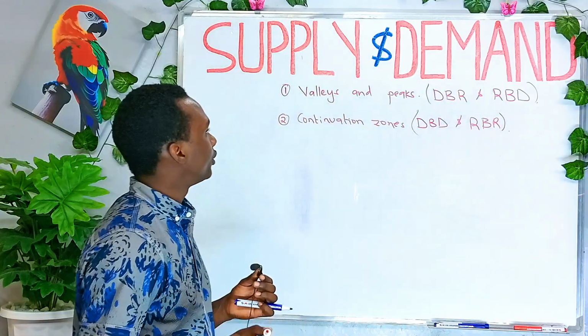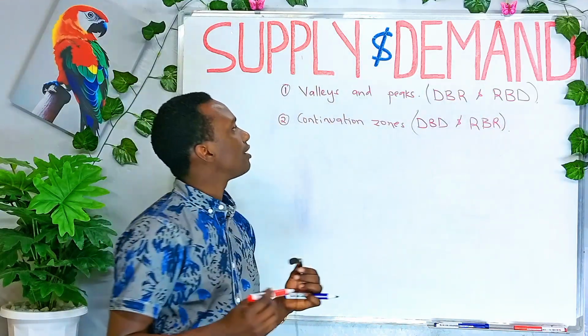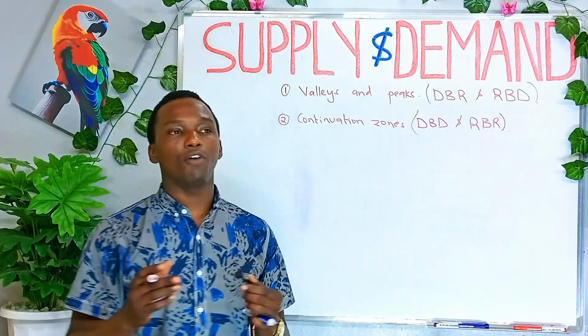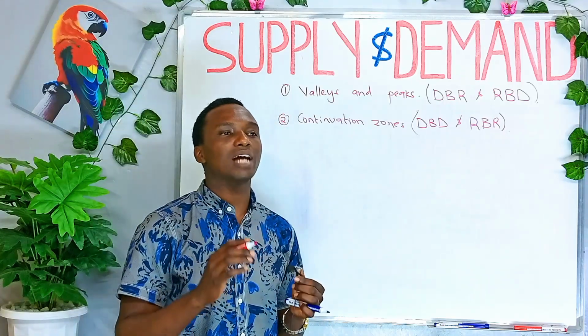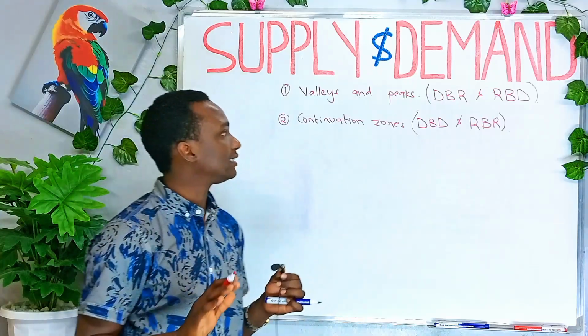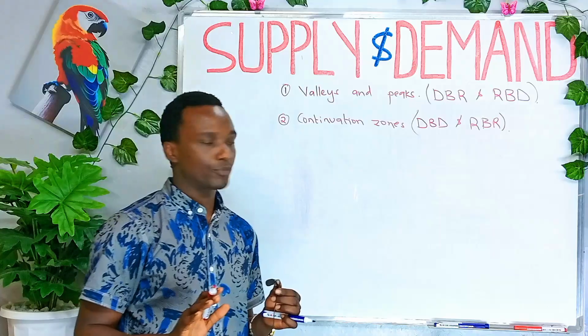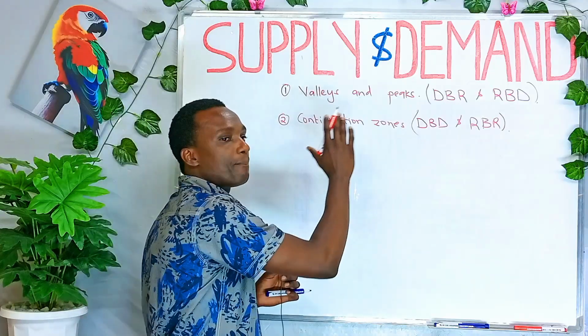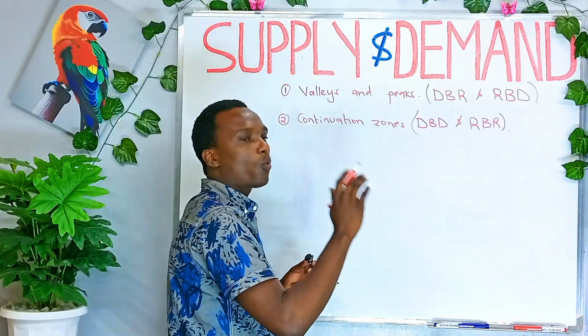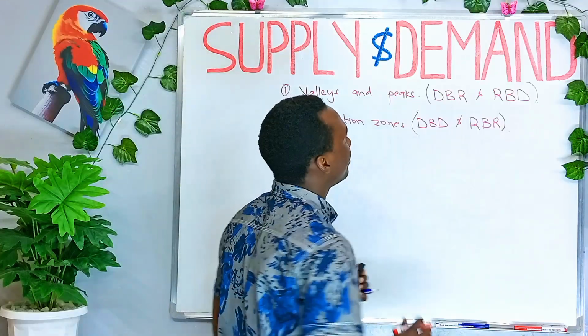Okay, good. So just to start with the valleys and peaks, we say that these types of zones are found at the extreme tops and bottoms of price movements. Okay, so the valleys and the peaks, they form clear swing points where price strongly reverses.